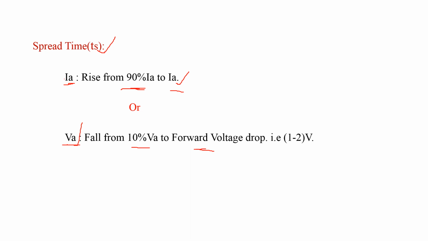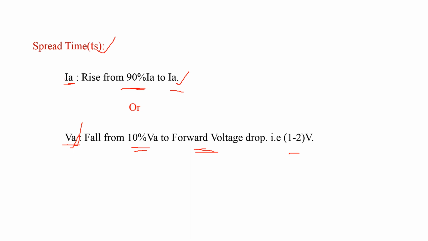We know the forward voltage drop across SCR is 1 to 2 volts. That is, the spread time is defined as the time taken by the anode voltage to decrease from 10% of VA to the forward voltage drop. These are the dynamic characteristics during the turn on period of SCR.